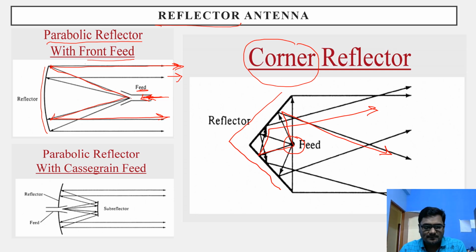Here a parabolic reflector with Cassegrain feed. Cassegrain feed is another type of feed. Instead of having only one reflector, now I will have another reflector, that is a sub reflector. I will feed the electrical signal here.